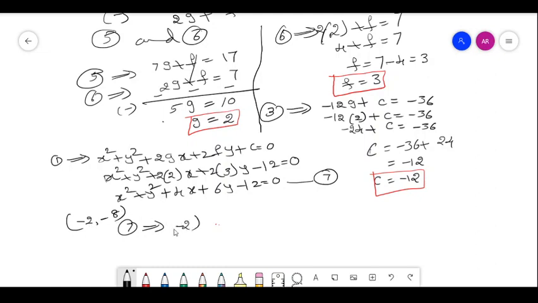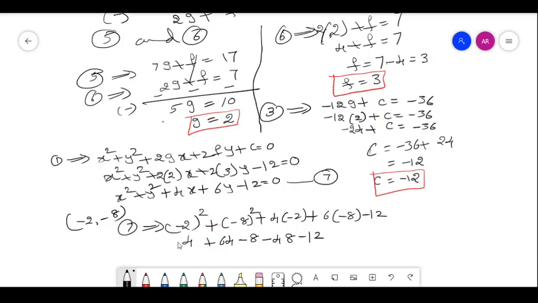So minus 2 whole square plus minus 8 whole square plus 4 into minus 2 plus 6 into minus 8 minus 12. Minus 2 whole square is 4, plus minus 8 whole square is 8 8s are 64, plus 4 into minus 2, that is minus 8, plus 6 into minus 8, plus into minus becomes minus, 6 8s are 48, minus 12.